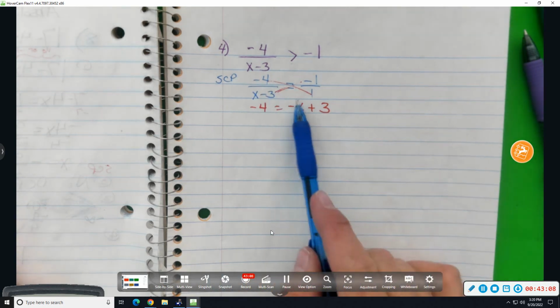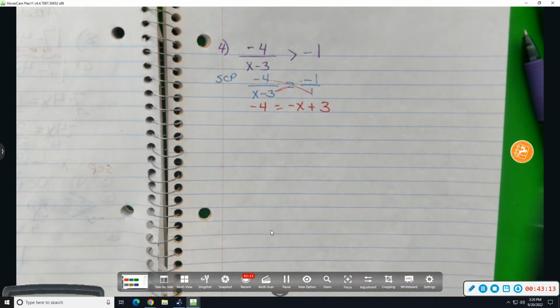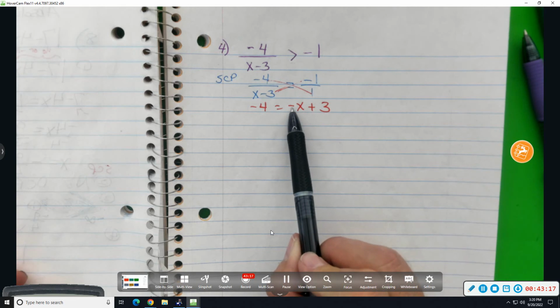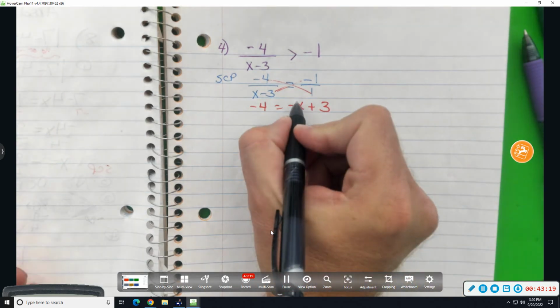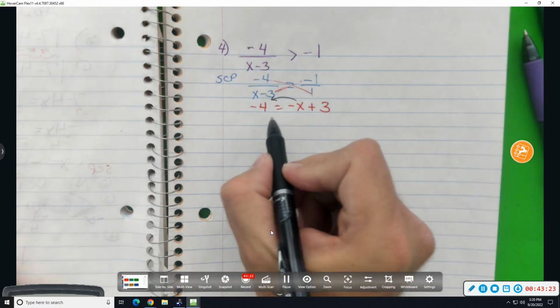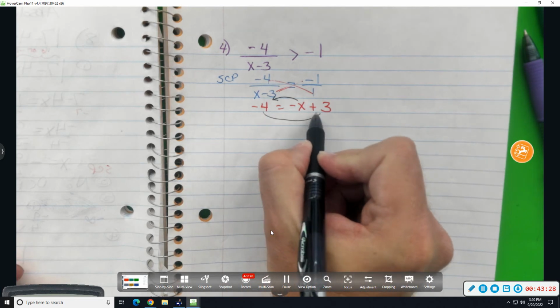So I'm cross multiplying. And to solve this for x, here's what I'm going to do. I don't want that negative in front of the x, so I'm going to move that x over here. And then I have to do what? Move the 4 over there.